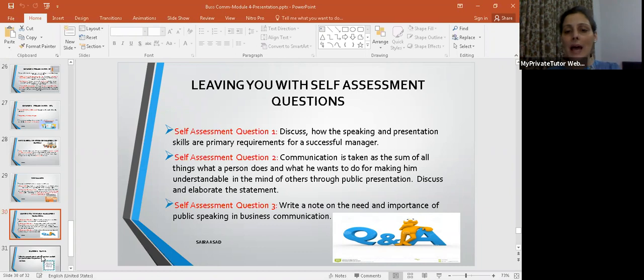First question: discuss how speaking and presentation skills are primary requirements for a successful manager. We have practiced it, we have discussed it. You can note it down, and at home you can practice it, write one paragraph about this, then you will be able to understand how much you understand the topic.